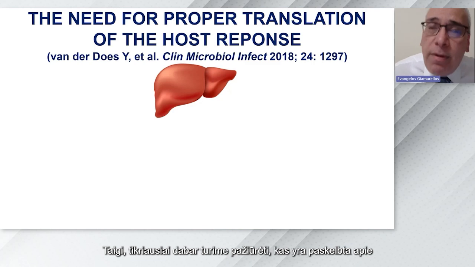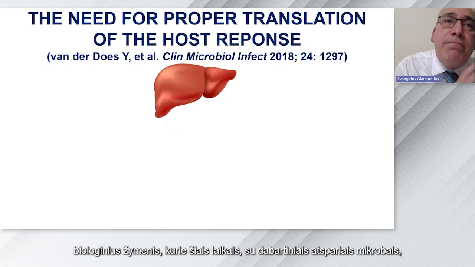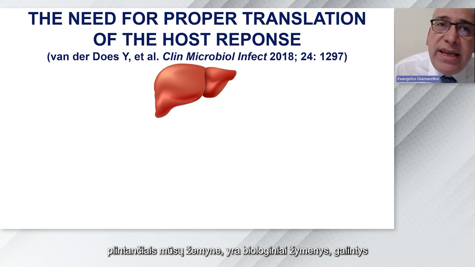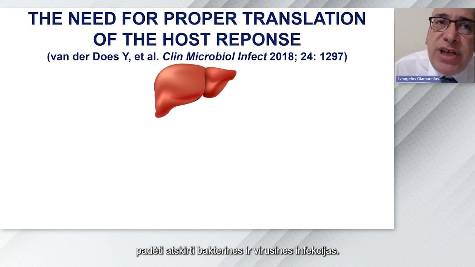So, probably, we now have to see what is published regarding the biomarkers which, nowadays, with the current resistant microbes spreading in our continent, may differentiate between bacterial and viral infection.